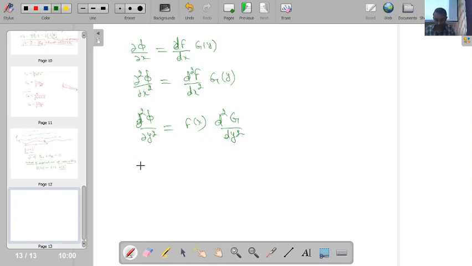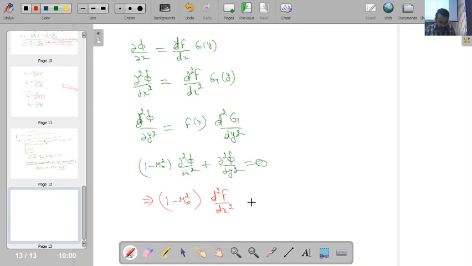Okay. So our original equation is (1 minus M infinity square) into del square phi by del x square plus del square phi by del y square equal to 0. This is our original equation. Now I can write (1 minus M infinity square) into d square f by dx square times g of y, plus f of x times d square g by dy square, equal to 0.